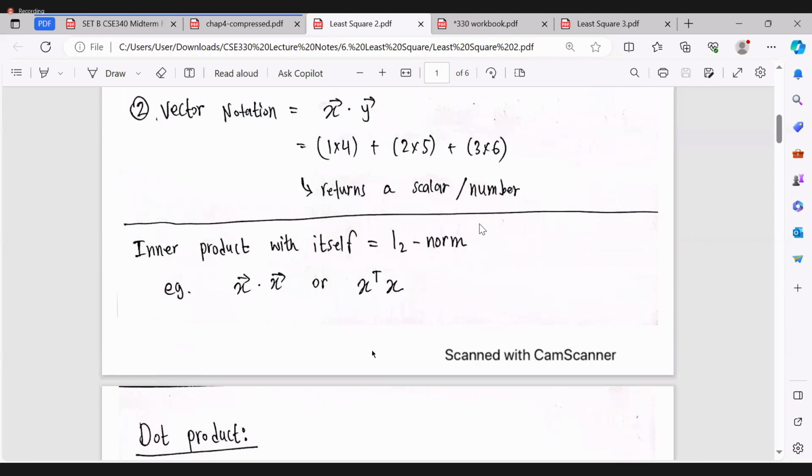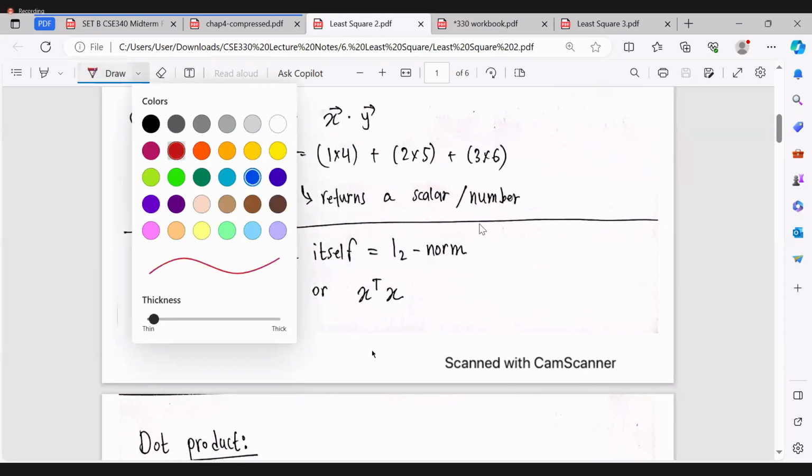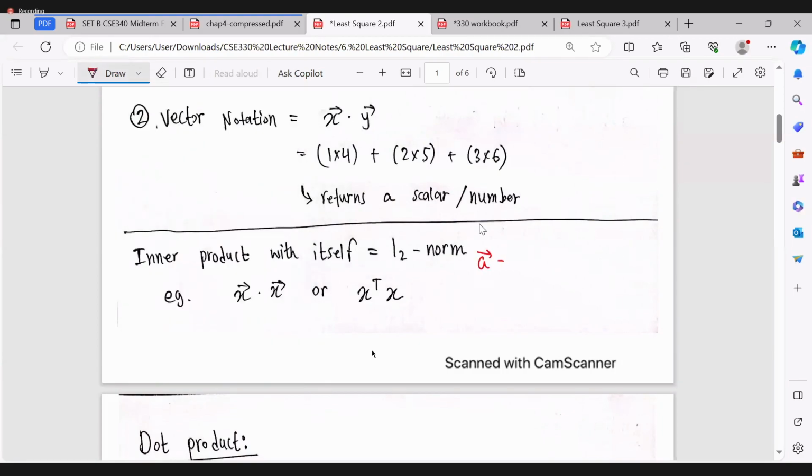If you dot product a vector with itself, what happens? Suppose you have a vector A, and its components are x, y, and z. If you dot product A with A, you get x squared plus y squared plus z squared. And what is the magnitude of A?